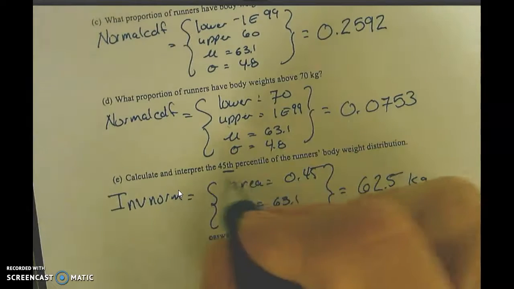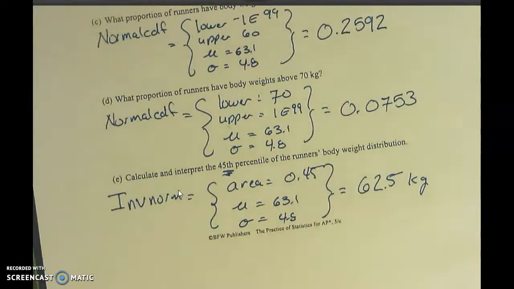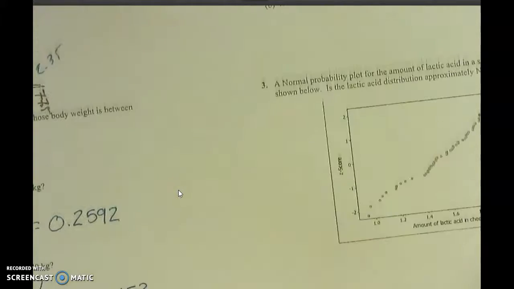Area is the percentile, 0.45. And we've got to be careful because on our next assignment, it's going to talk about upper and lower. So you've got to be careful what percentile you're actually looking at. Okay? Let's see if we can wrap up 2 and 3.